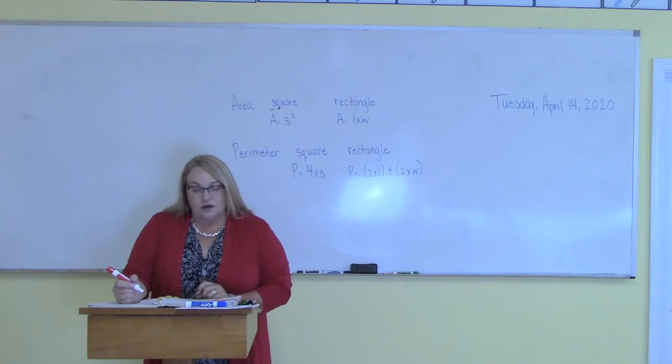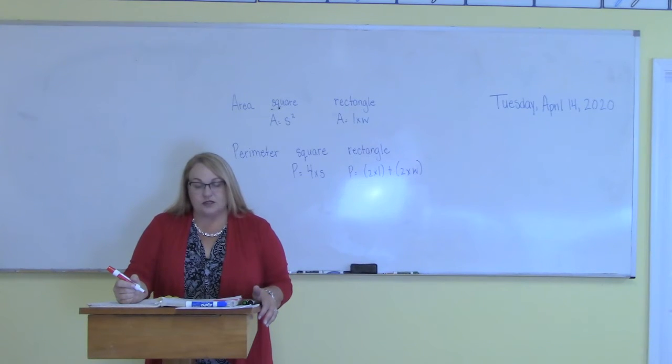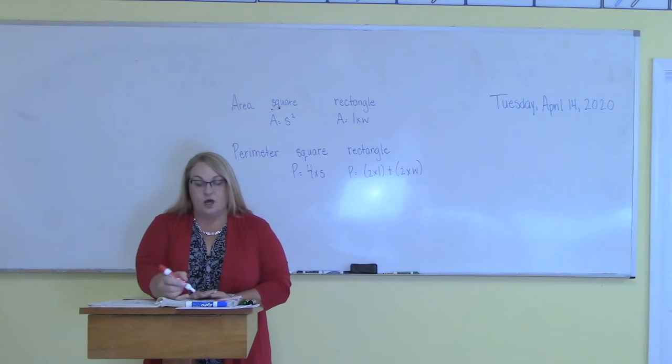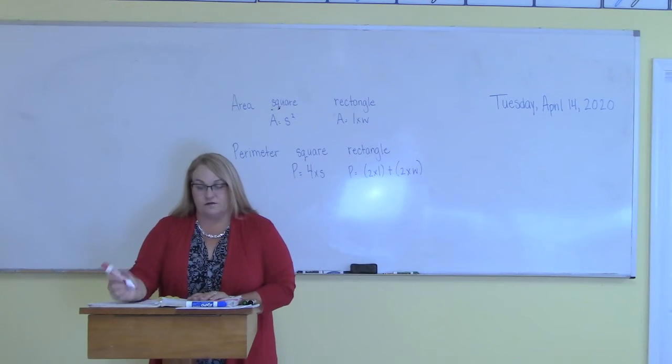On number 1, let's look at A. How many square inches equals 1 square foot? Good. 12 times 12 is 144. So 144 square inches equals 1 square foot.